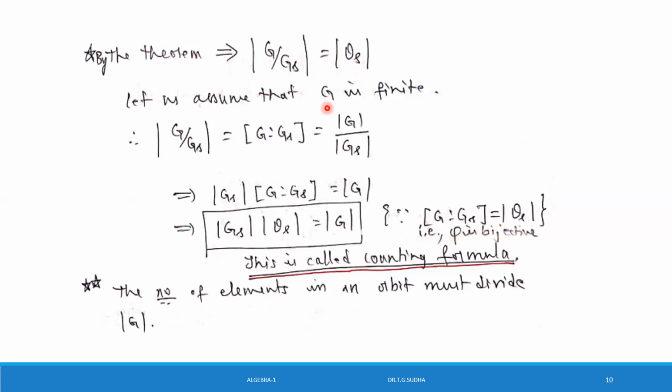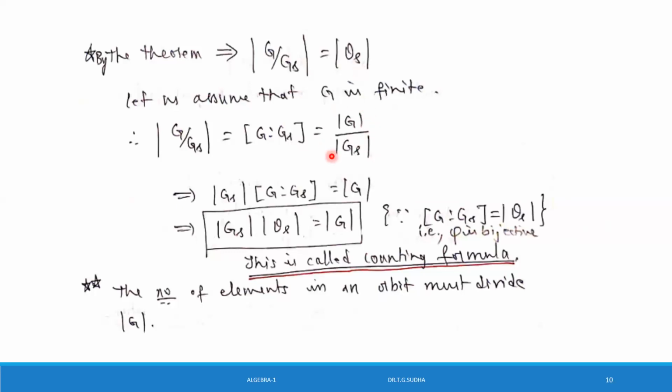If we assume that G is a finite set, we can make use of Lagrange's theorem for finite sets. Therefore, the cardinality of G by Gs is nothing but the index of Gs in G. So that will give you the cardinality of G by the cardinality of Gs. That is, order of G divided by order of Gs.